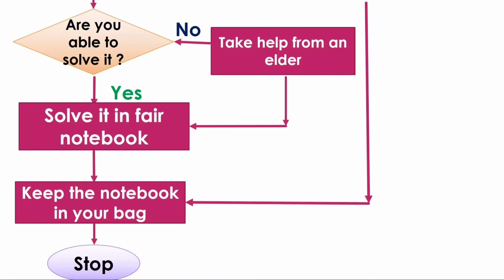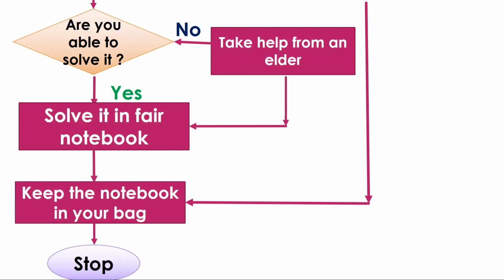Now if you analyze this flowchart, you will see that all the process is the same as written in the algorithm, but we have shown it with the help of diagrams, a pictorial representation. This is the algorithm in a flowchart. I hope you have understood these two topics. This is the most important topic of this chapter.